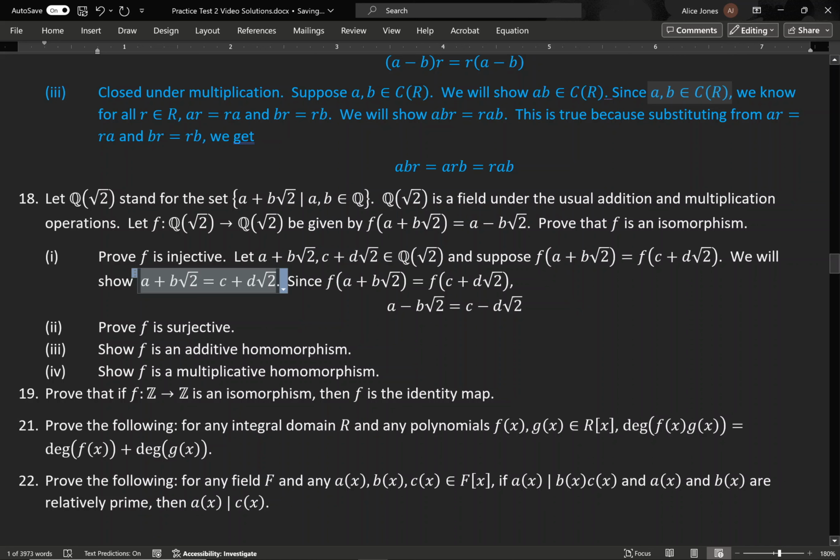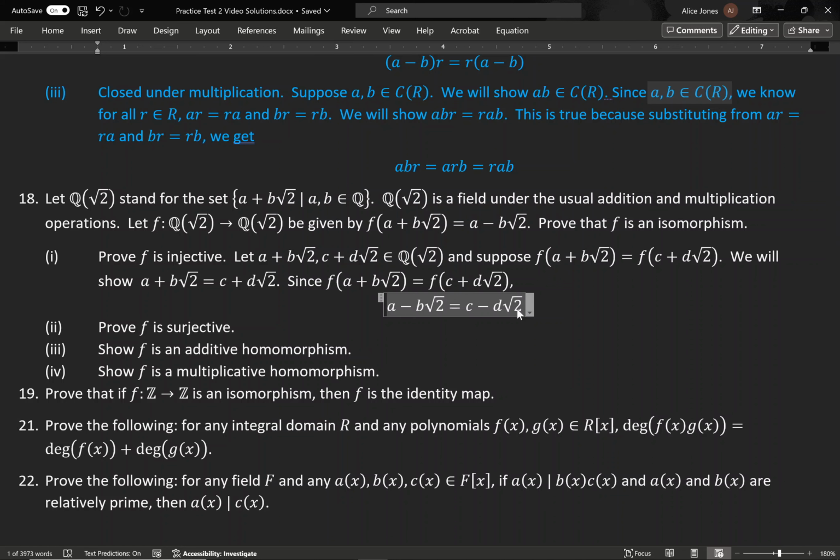This is not that easy because we don't have either of those things in here. We have a minus sign. And if we multiply through by negatives, we get plus signs in front of the b and the d, but not in front of the a and the c. So the technique you want to use here to show that these two are the same is kind of similar to what you would do for complex numbers.